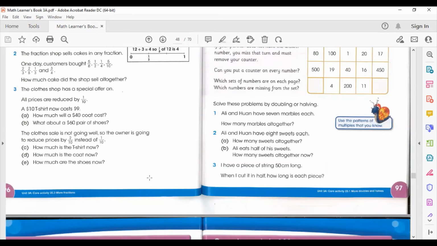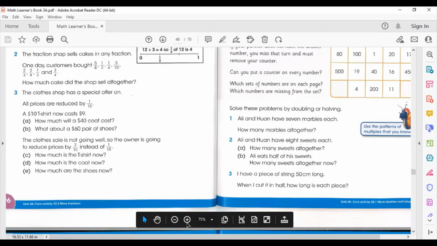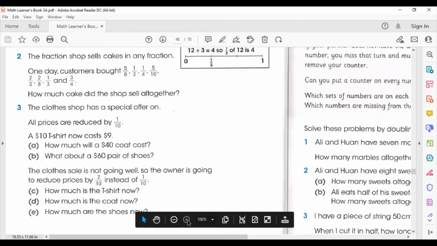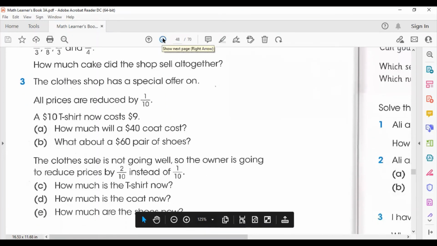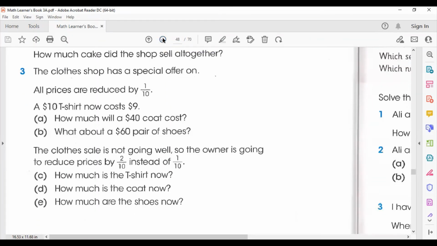Just look at the screen. Look here, it's written: 10 dollar t-shirt price 9.